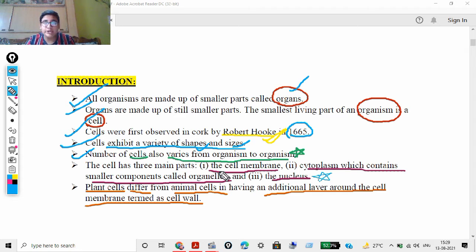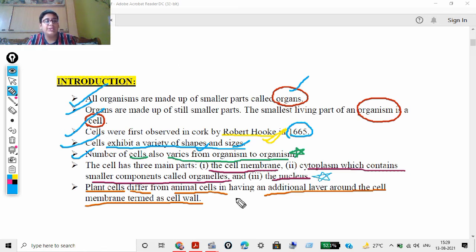What is a cytoplasm? Cytoplasm contains smaller components called organelles. Okay, we will deal with this all. And the nucleus.